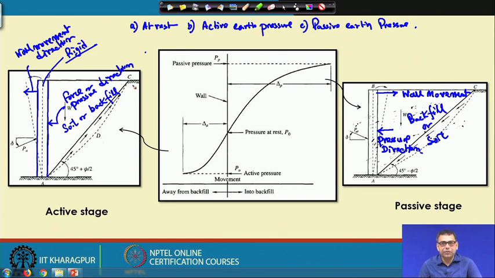If the wall moves opposite to the direction of the force, that is called passive earth pressure.